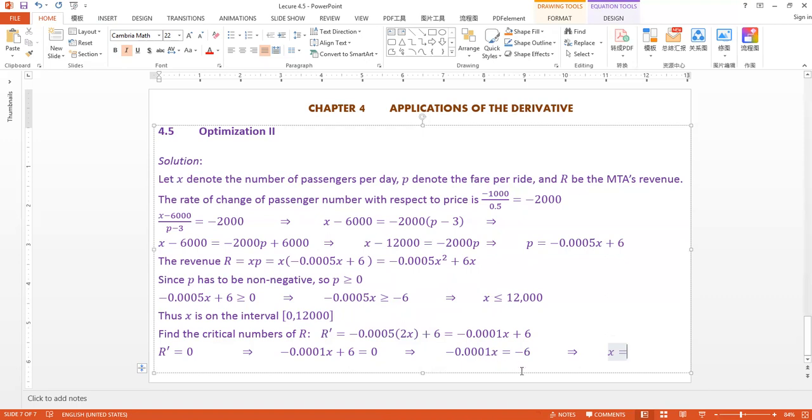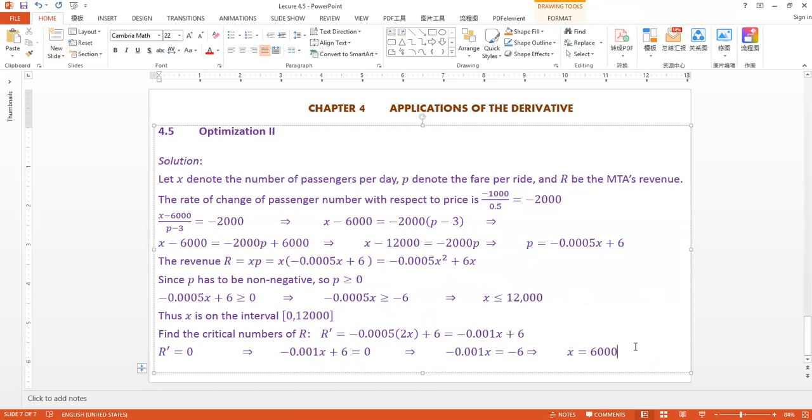So that will be 6,000. I guess I wrote too many zeros in here, but that should be right. So that's the critical number.